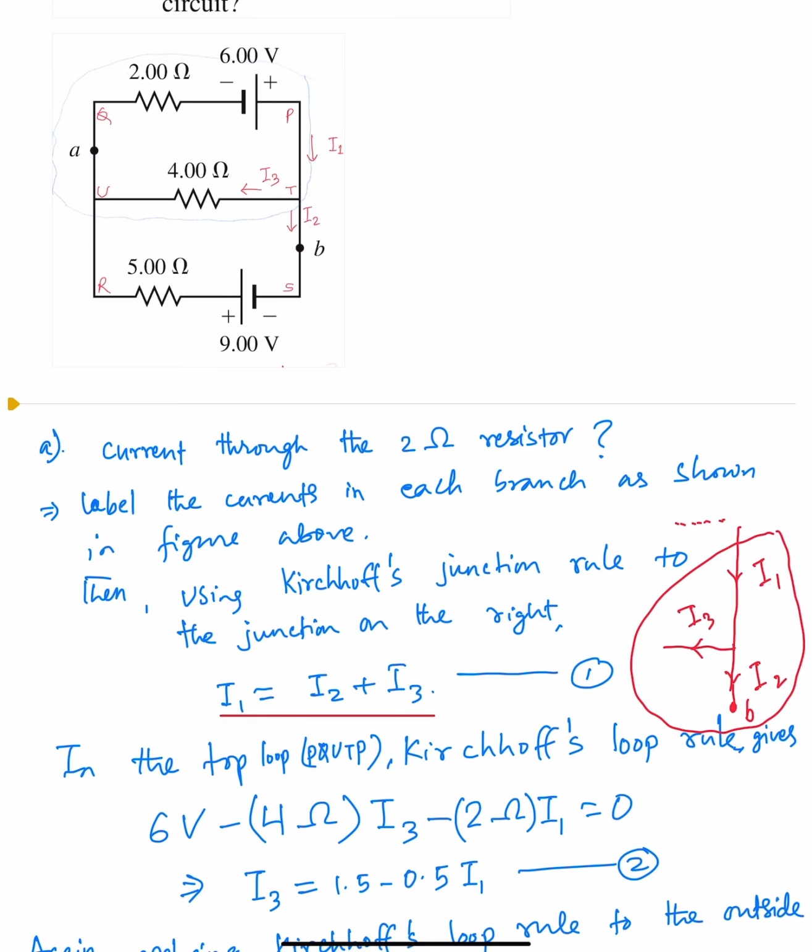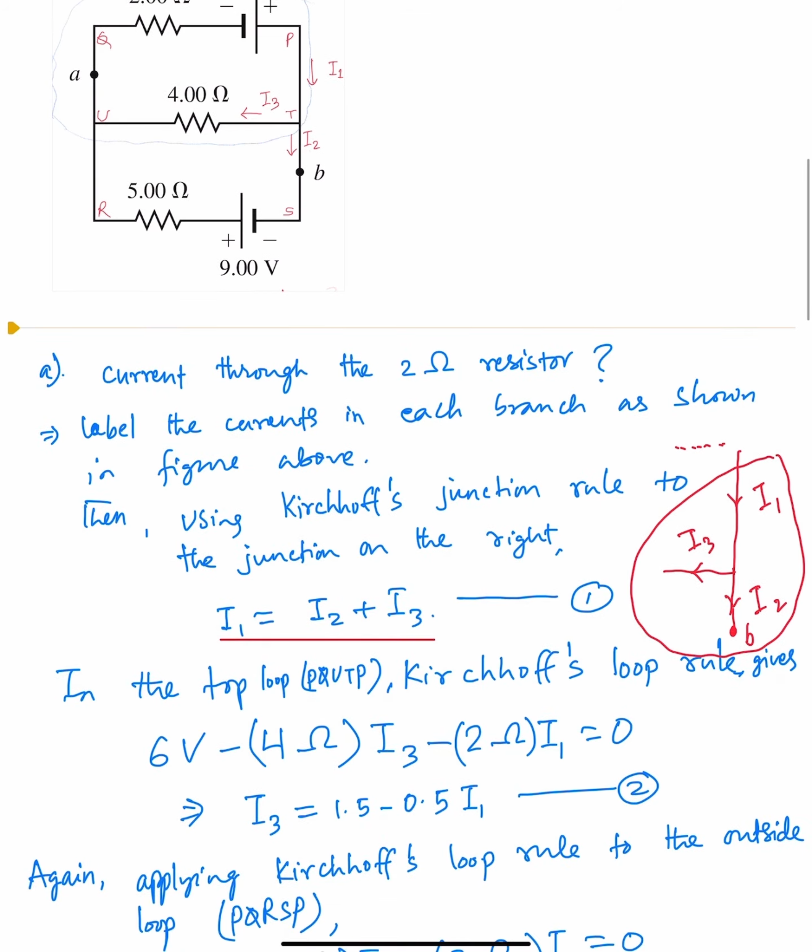Similarly, for the top loop, which I already indicated with the light blue color, it's like this branch. Point A is somewhere here, with resistance 2 ohm, and here is the 6 volt battery.